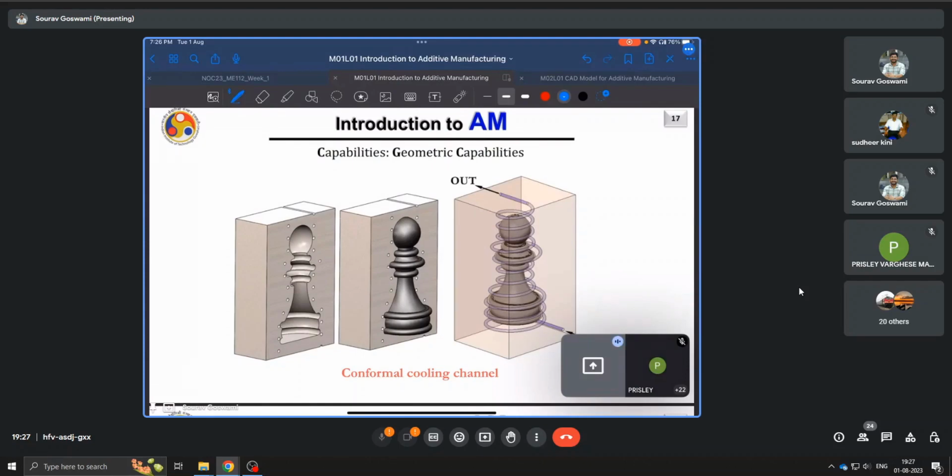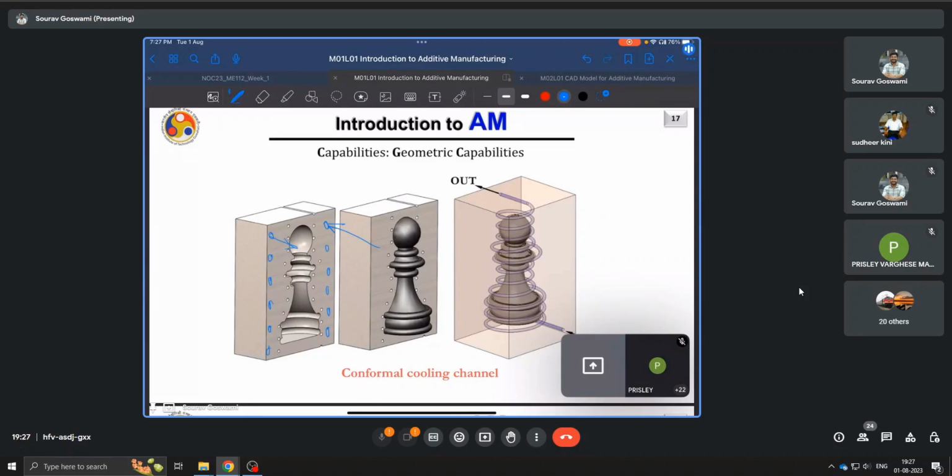So usually, as was also pointed out in the lecture, in any conventional process, what you will have are such symmetric or rectilinear cooling channels. You will have the liquid going in from one side, coming out the other.